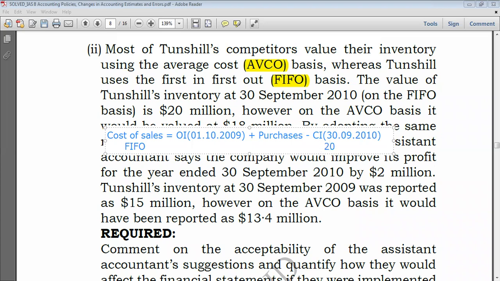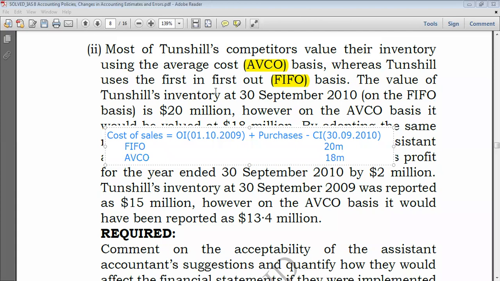Everything is all right here. But we are told that on the AVCO basis it's 18 million. So in case we were using the AVCO basis, this inventory would have been valued at 18 million. Yeah, this is the case.